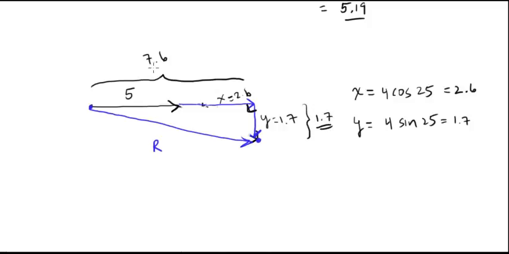And now I've got a right triangle and the legs are 7.6 and 1.7. So now if I want to know r, r is going to be the square root of 7.6 squared plus 1.7 squared.